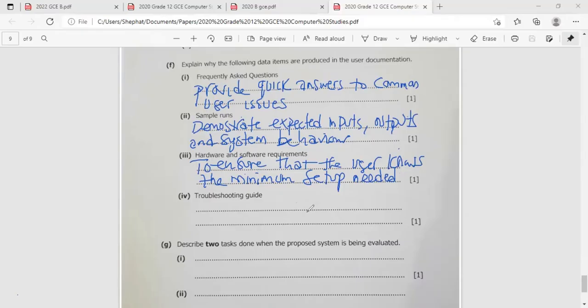Why do we need troubleshooting guide in user documentation? We need it because it helps the user diagnose and resolve common errors on their own.